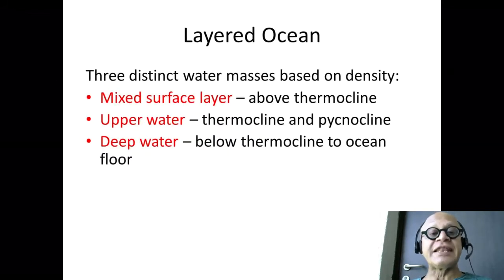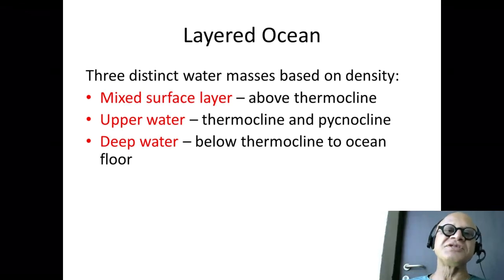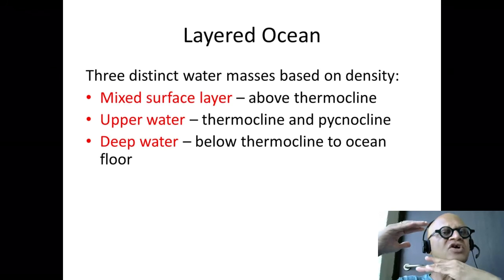So the ocean is layered, and we have three distinct layers on average in general. The mixed surface layer, which is above the thermocline, is called the constant density layer. There are details. Horizontal density gradients make a difference, even though vertical density gradients may be very low. Then the upper water, which is in the thermocline and pycnocline, and the thermocline is not fixed.